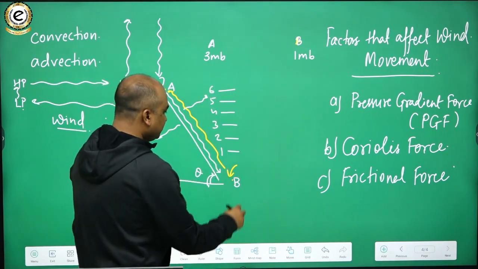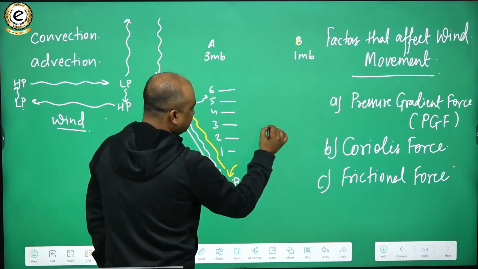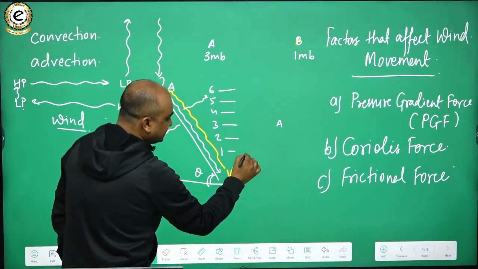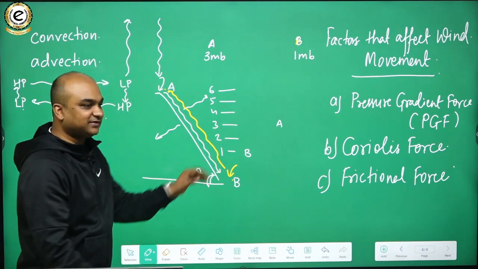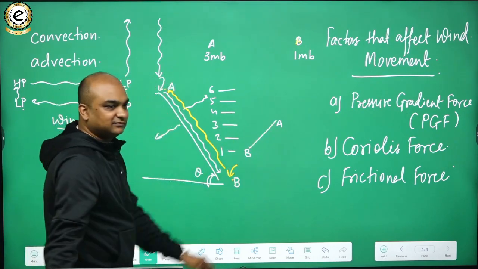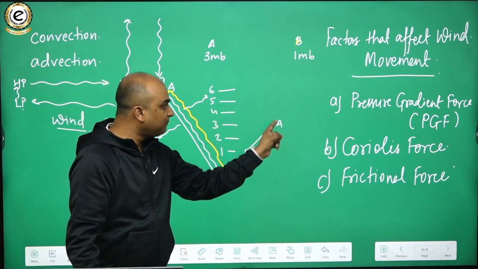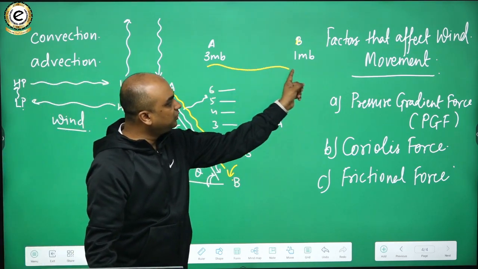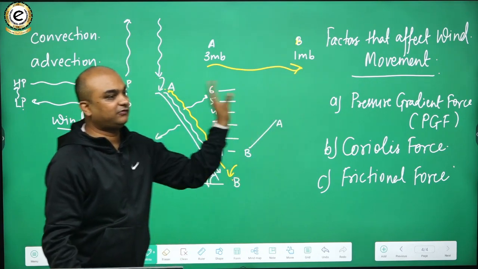You understand that? So I'll hold place A here, and I'll hold place B here. This is the gradient. Can you see? This is again a slope. So air will blow from high pressure to low pressure. This is more technical expression of it.